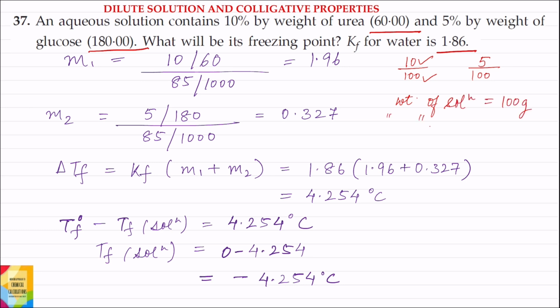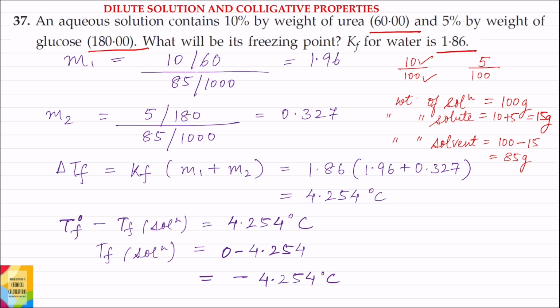Weight of solute will be equal to 10 gram of urea plus 5 gram of glucose, which is equal to 15 gram, and weight of solvent will be equal to weight of solution, that is 100 gram, minus weight of solute, that is 15 gram, and this is equal to 85 gram. तो weight of solvent हो गया 85 gram. Now molality of solution with respect to urea and molality of solution with respect to glucose find out करेंगे.